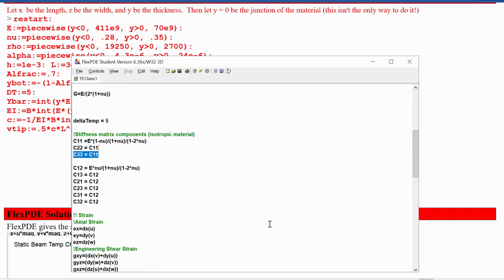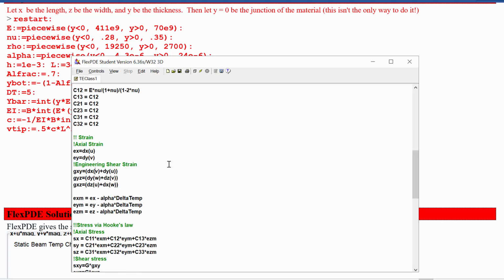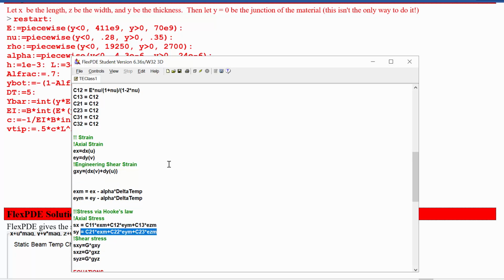Well, we don't need to get rid of the parameters there. Get rid of anything that depends on the Z direction. So that is, yes, this one, and also this one. We've only got one strain left. We don't need that. We don't need this, or the last two terms in this.